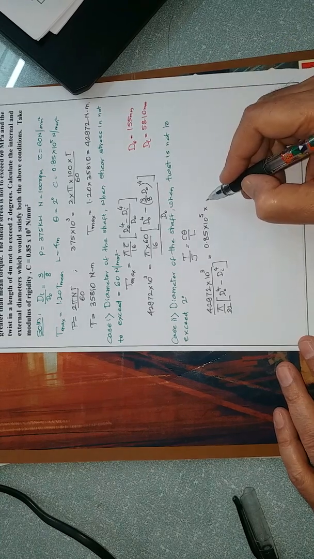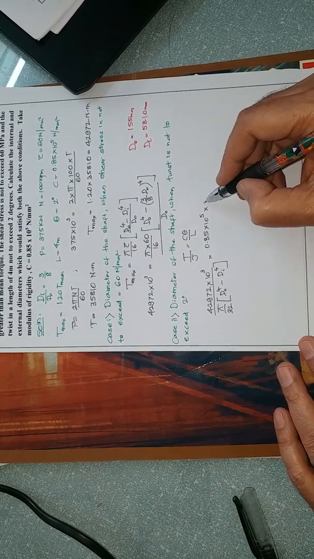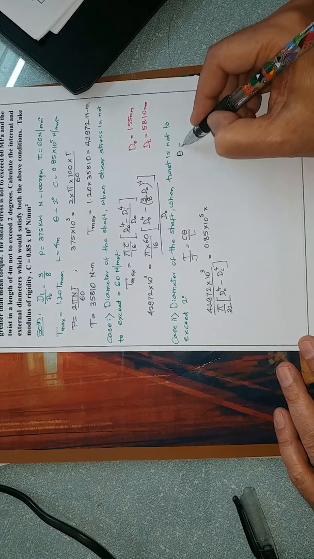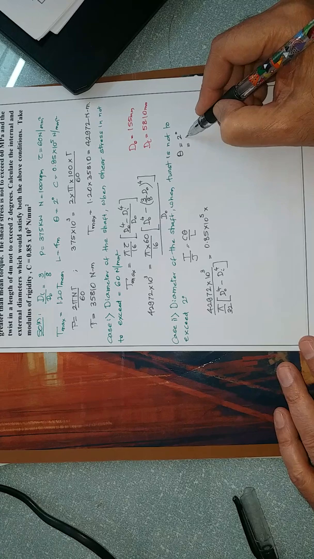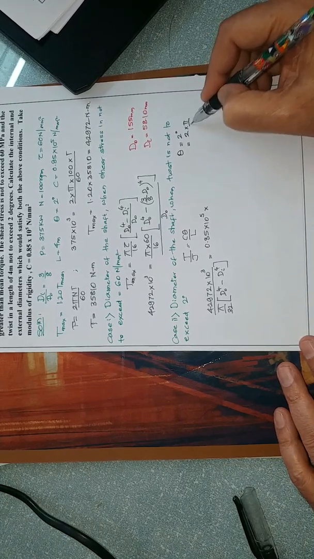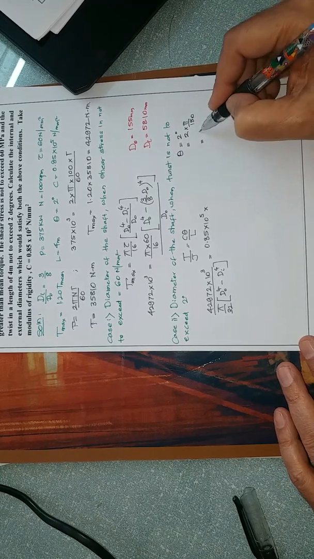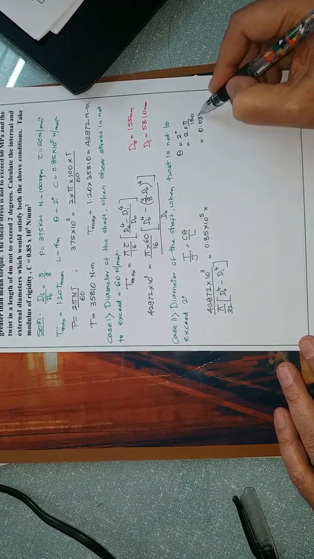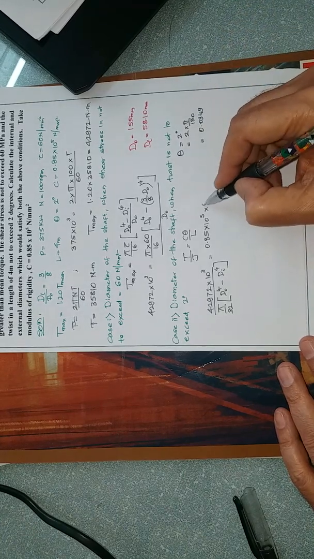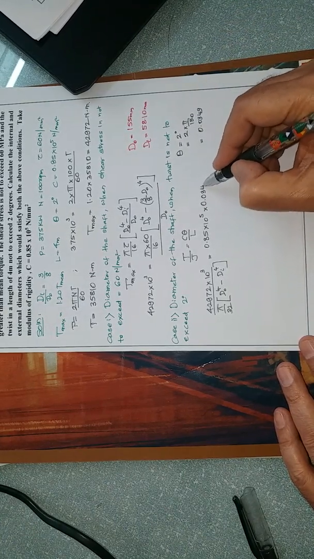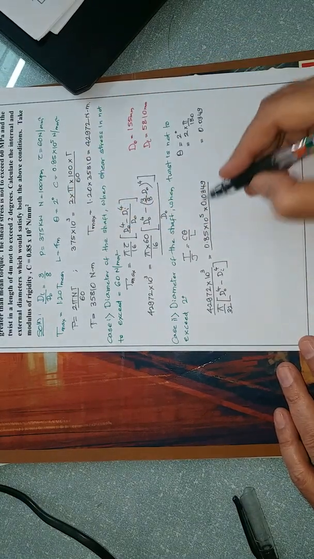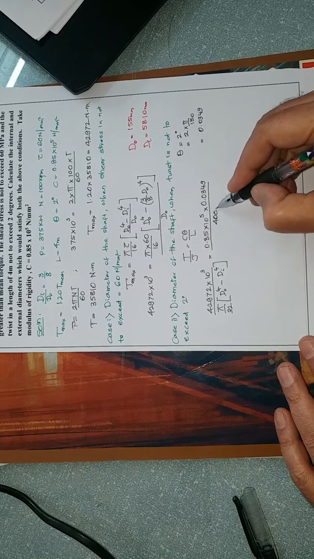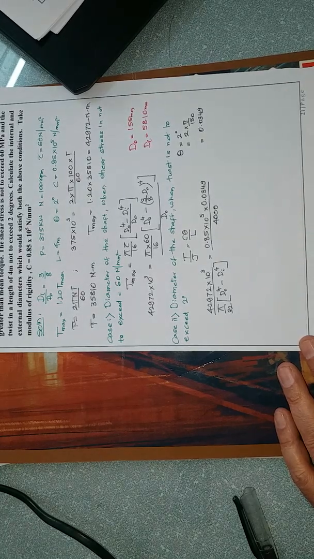In terms of radians, if you multiply by pi and divide by 180, 2 into pi by 180 works out to 0.0349. So you write 0.0349 divided by the length of the shaft, 4 meter, which in millimeter is 4000 millimeter.